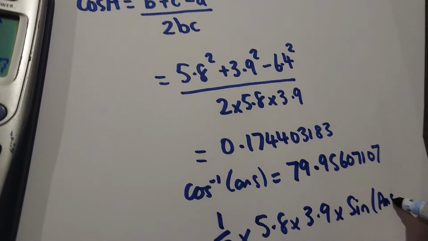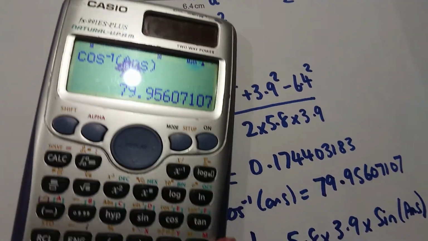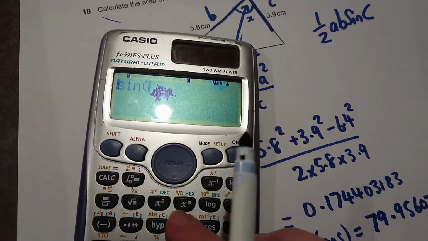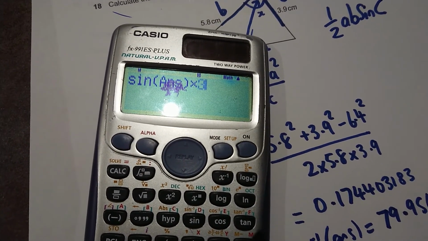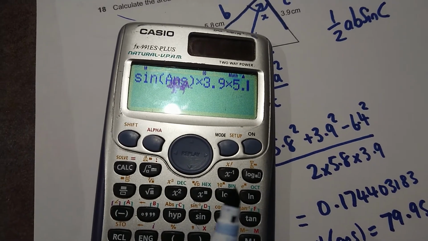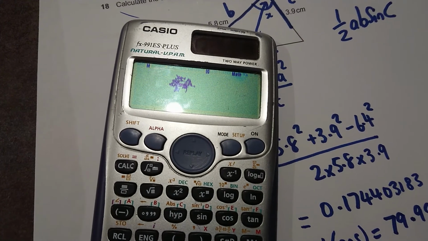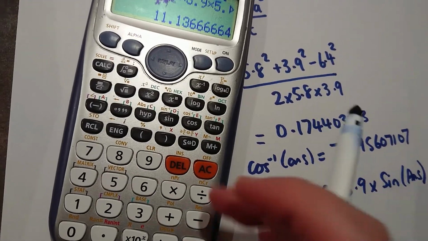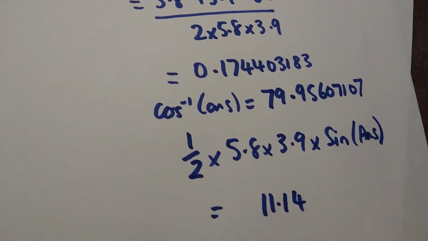I was going to put answer there to save writing it all out. So I'm going to write sine of my answer, and then times it by this because it doesn't matter which way around I do it. Times 1/2, so 0.5. So that is then 11.14. Does it say how to round it? No. So 11.14 would be fine.